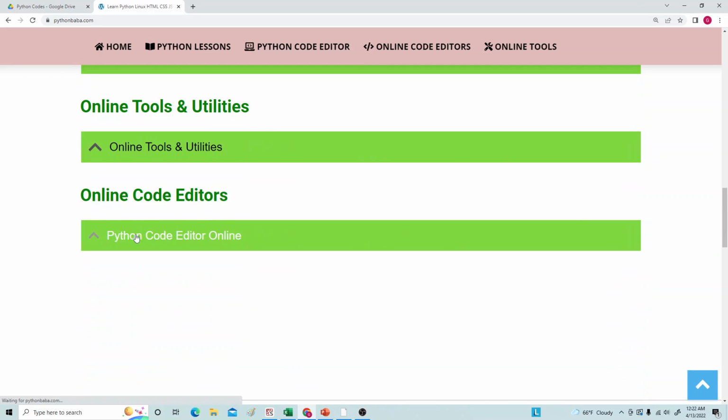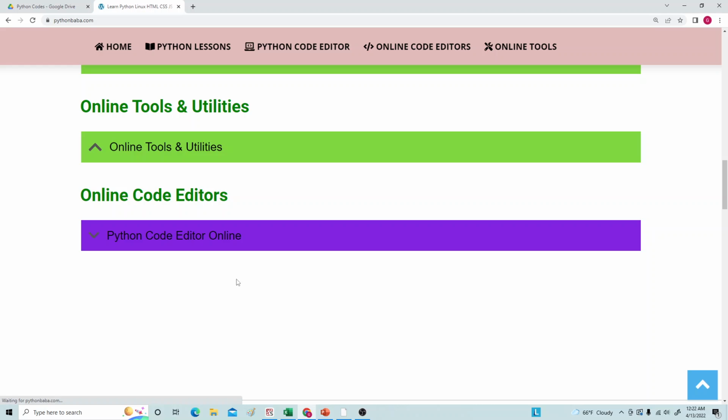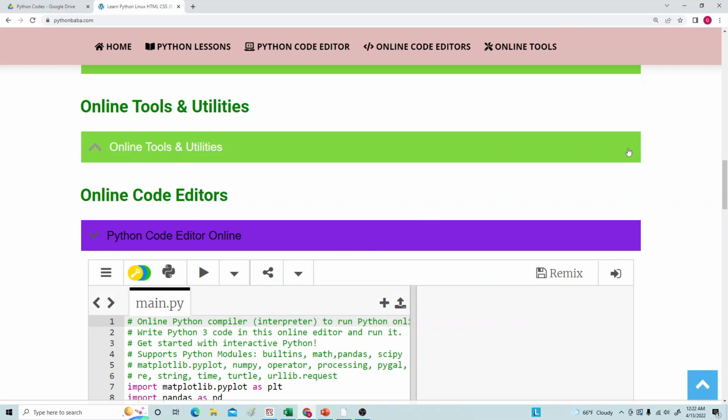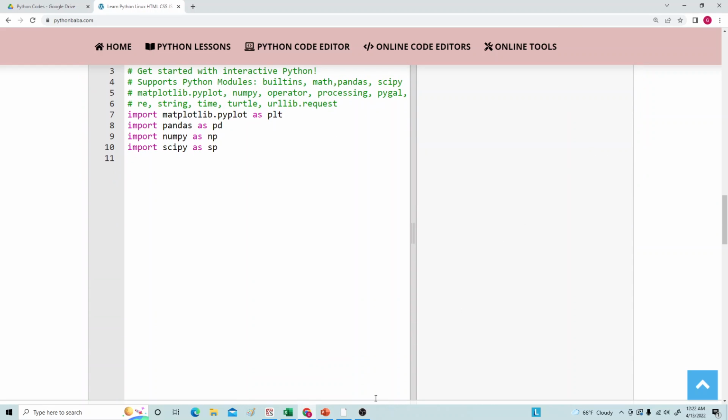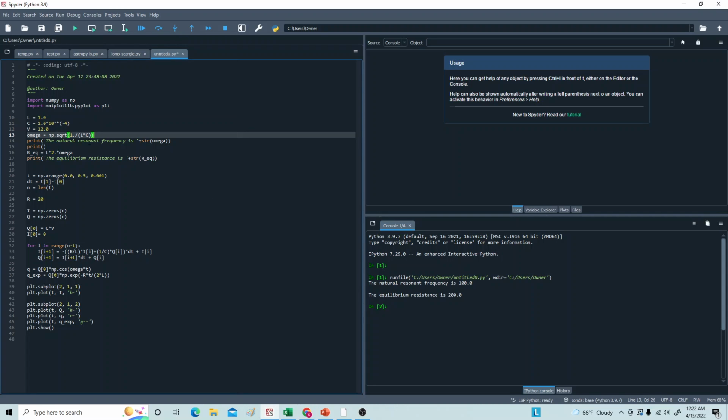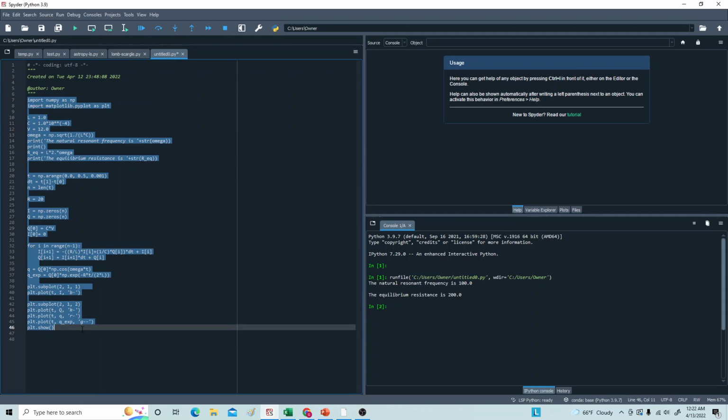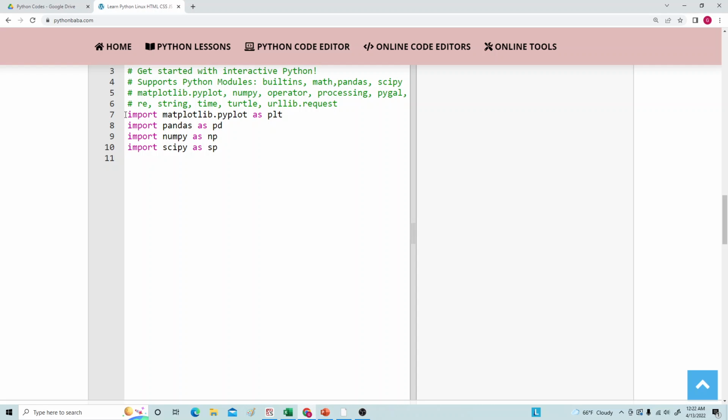Come down here. And I'm going to copy and paste so that way I have a little bit more control over the font size because it's a little small here. So first things first, we'll copy and paste, and we will make sure that it works.